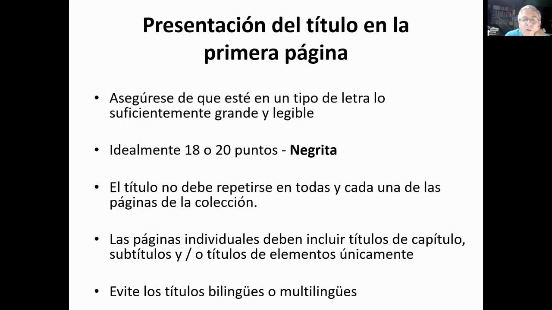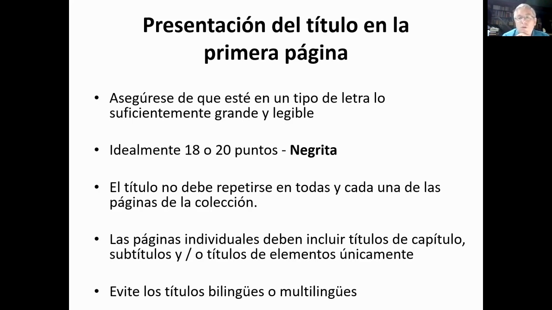The font, the use of capitals, all of these basic things affect the readability of an exhibit. And the title on the title page is no different. You want to make it large enough, but legible enough. Ideally, an 18 or 20 point, and bold is helpful. Some exhibitors feel that they need to repeat the title of the exhibit on each and every page of their exhibit.